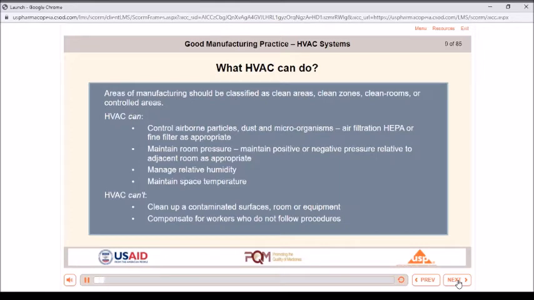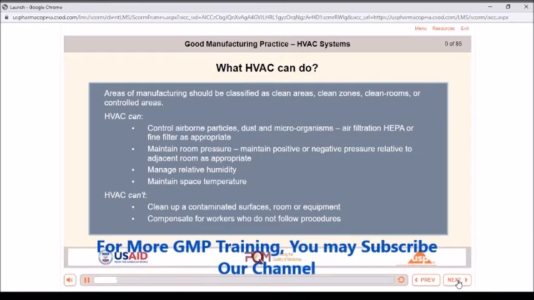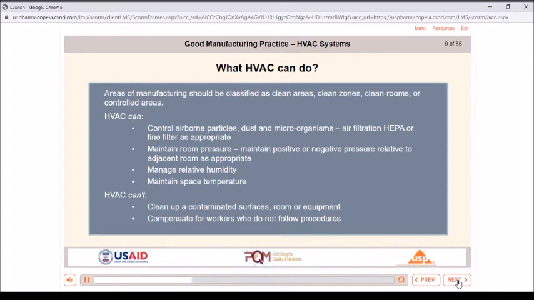What HVAC can do. Areas of manufacturing should be classified as clean areas, clean zones, clean rooms, or controlled areas. HVAC can control airborne particles, dust, and microorganisms, with air filtration by HEPA or fine filter as appropriate.